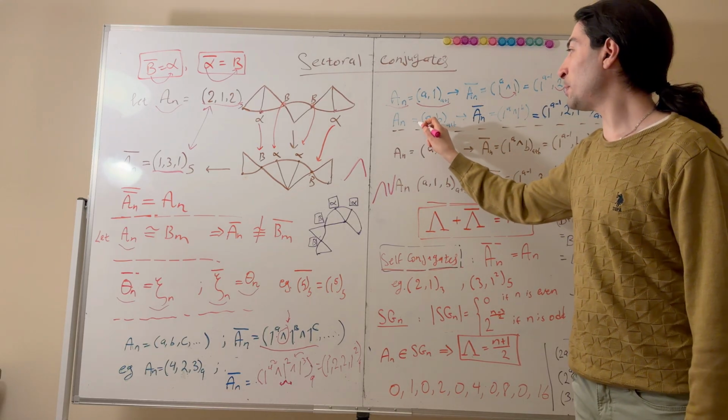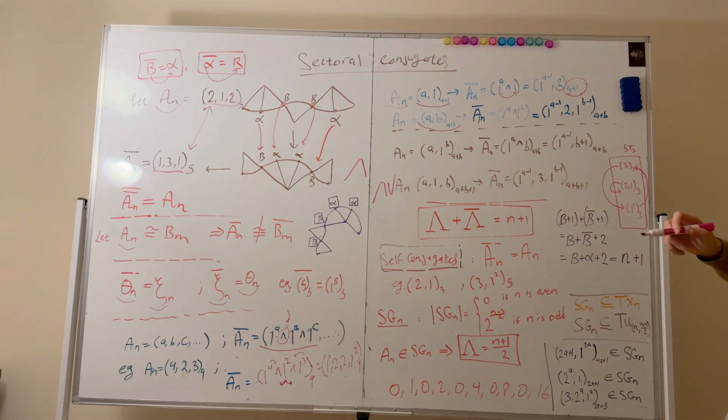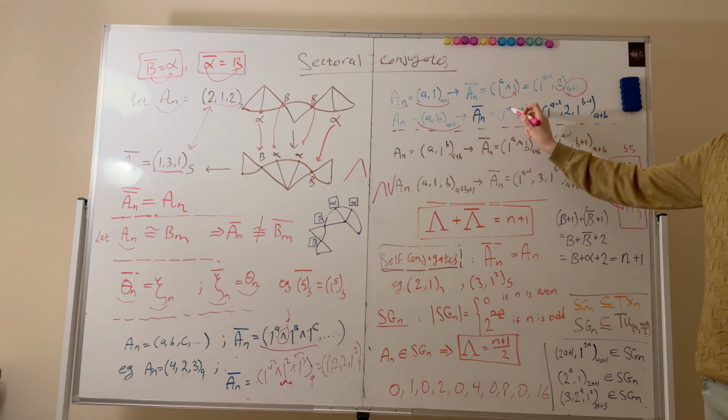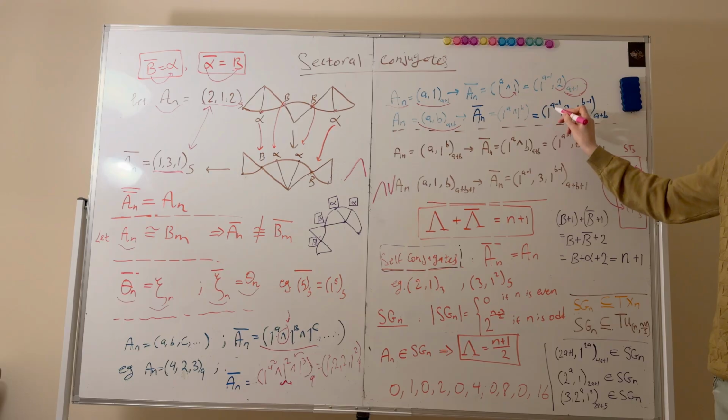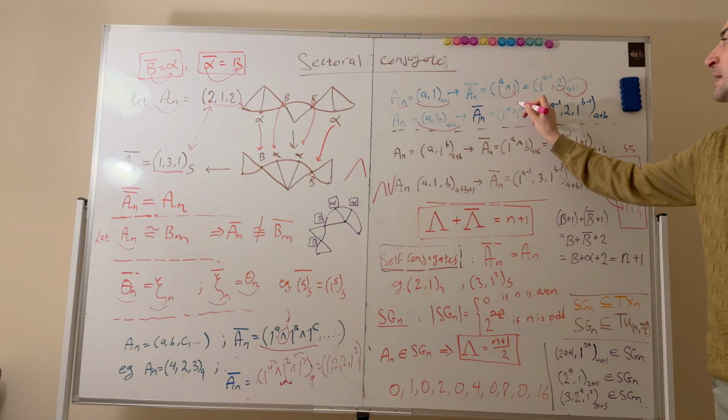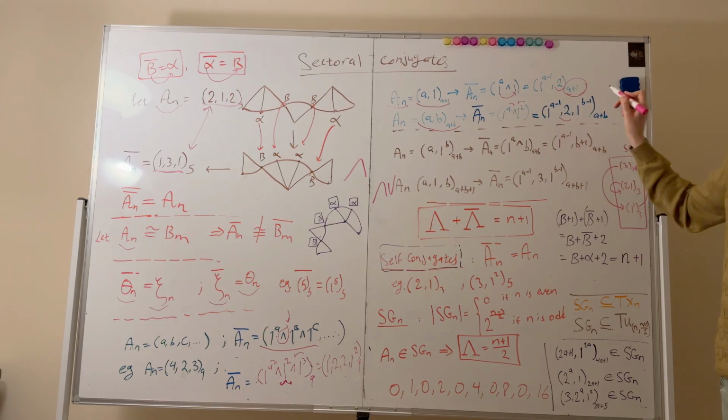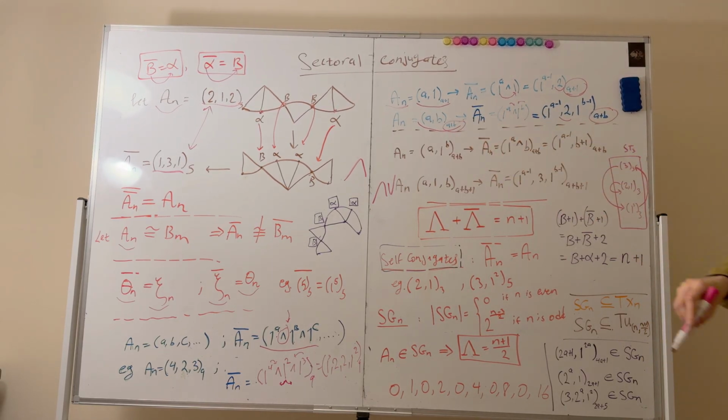Let's look at ab subscript a plus b. We say 1 to the a is continuous with 1 to the b is equal to 1 to the a minus 1, comma 2, so 1 sector from each, comma 1 to the b minus 1, and this has to stay the same.